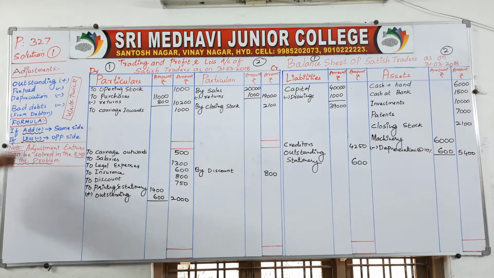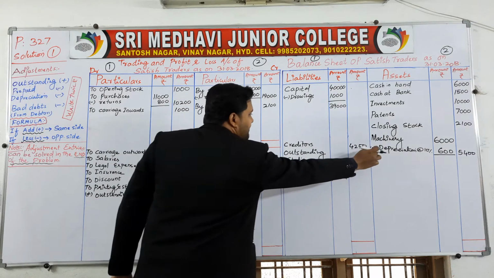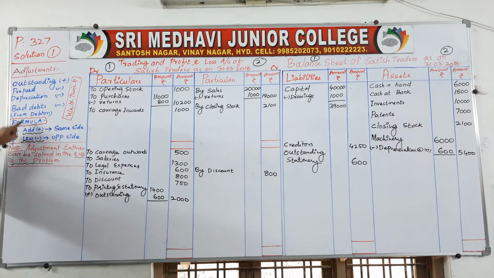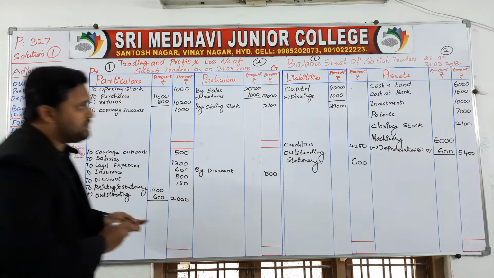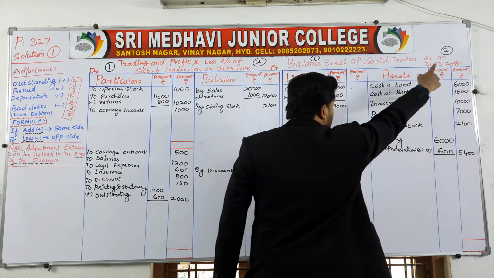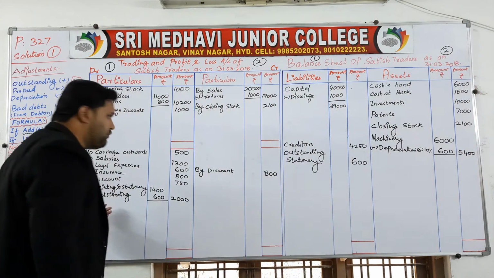now adjustment entry, what you have done here? You have subtracted, minus, less. So less, opposite side. What the formula says? Opposite side. What is the opposite side of asset? Side 2's opposite is side 1.